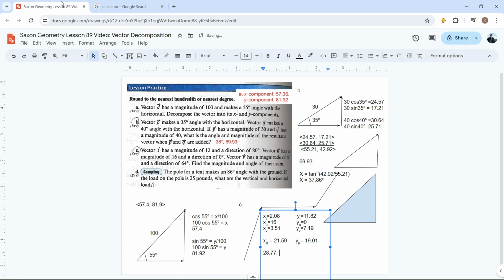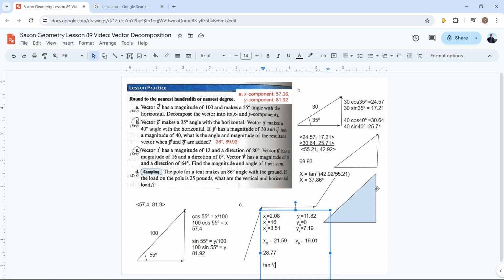And then the direction is going to be, just like before, the inverse tangent of opposite over adjacent. The opposite side is the y side, because I'm looking over here on the triangle, and this is the angle I'm looking for down here.